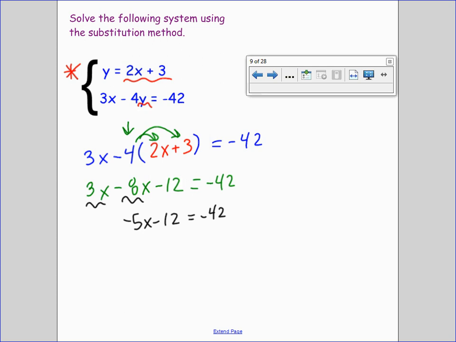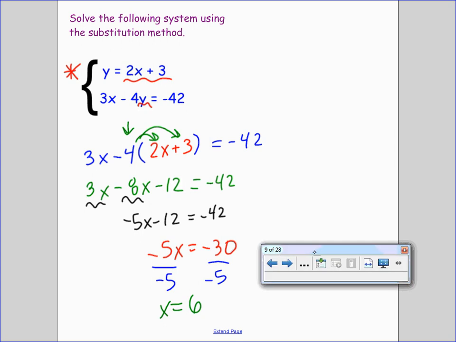So it looks like adding 12 to both sides gets negative 5x equals, and it looks like negative 30. And then we can finish by division. So I'm getting negative 30 divided by negative 5 is positive 6. Is that right? Positive 6?